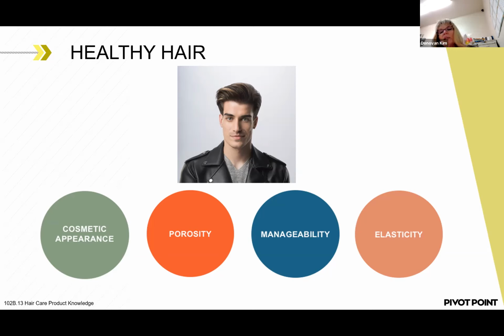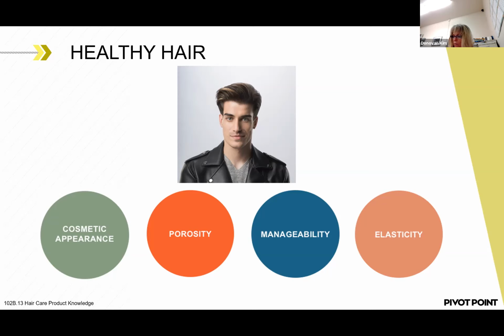Manageability: how easily can you comb through wet hair? Is it manageable? And elasticity is the ability of the hair to stretch and return to its natural shape without breaking. Healthy hair can be stretched up to about 50% when wet and 20% when dry.